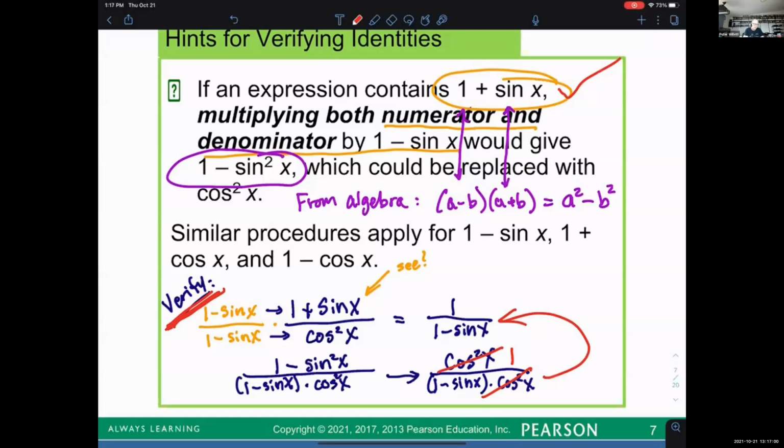I replaced that with cosine squared x, and I was able to then simplify and be left with what's on the right side. So this is an example illustrating the hint that they're trying to describe here. Okay, let's see what's next.